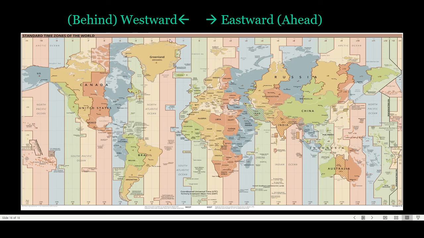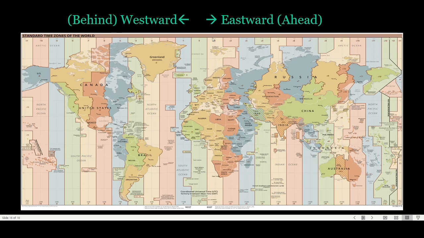Anything to the left of Greenwich, England in this zone is behind, so it's earlier in time, and it's westward. For example, we see Sweden here, and it says +1, so it's 1 hour ahead of England. At the bottom it tells you the time is noon, so 12 p.m. Sweden is 1 hour ahead of that, which would mean Sweden is at 1 p.m.